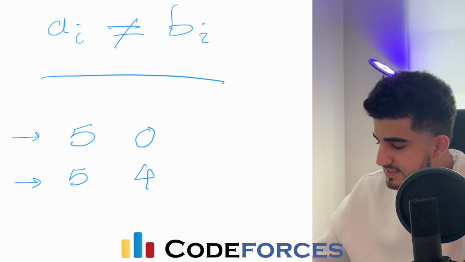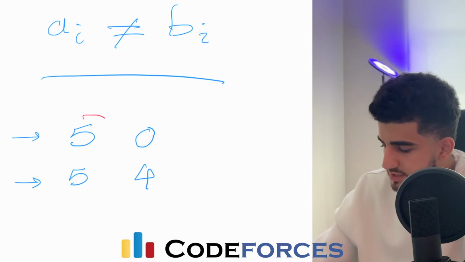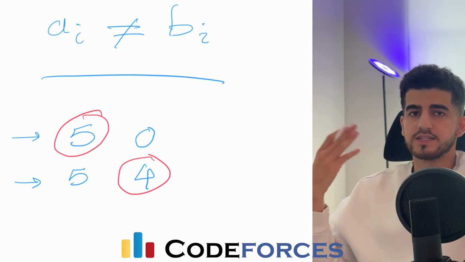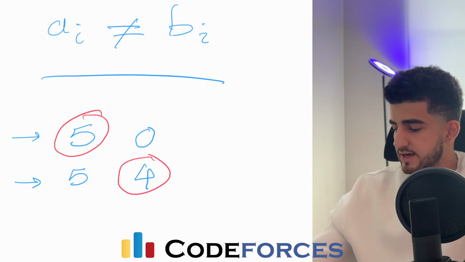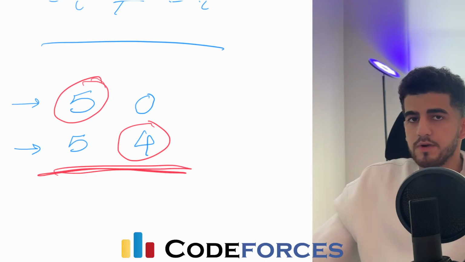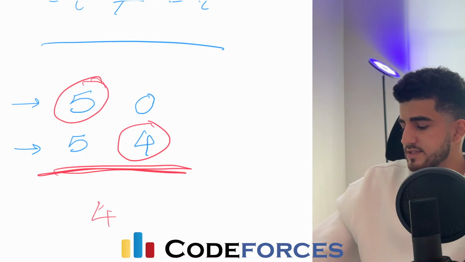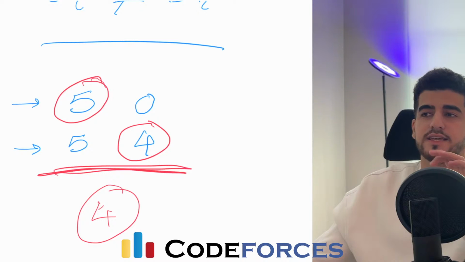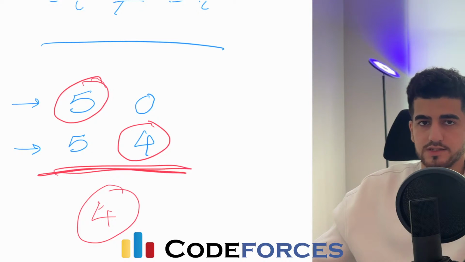In this case, it would be optimal to choose this 5 and this 4. Then the minimum of these two movies will be 4, and this is maximized. So if the numbers could range from -5 to 5, this fact wouldn't be true, that if they are different, you should choose the greatest one.